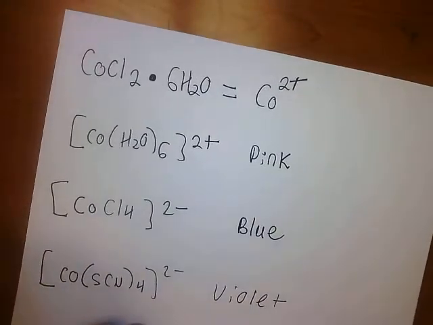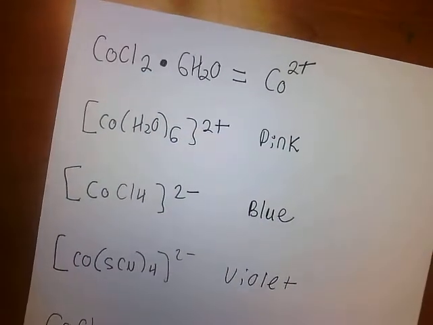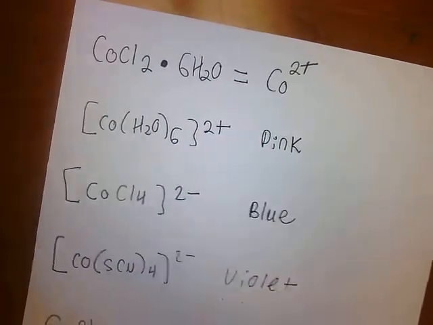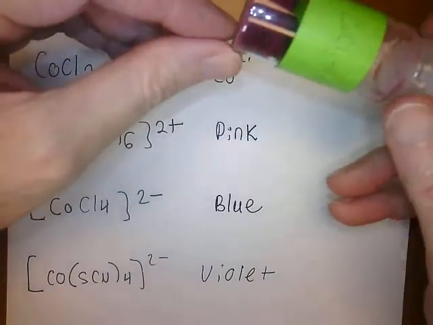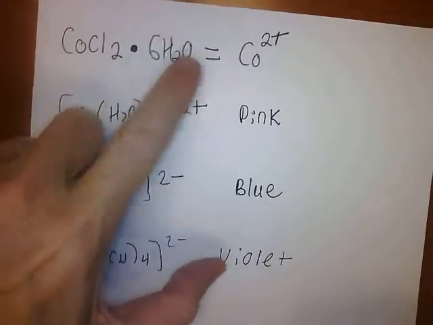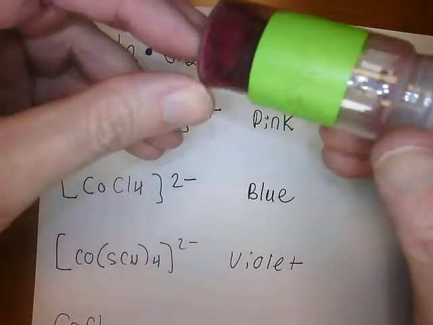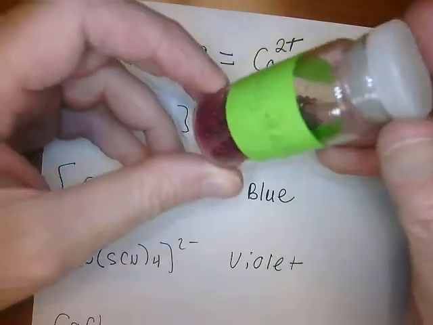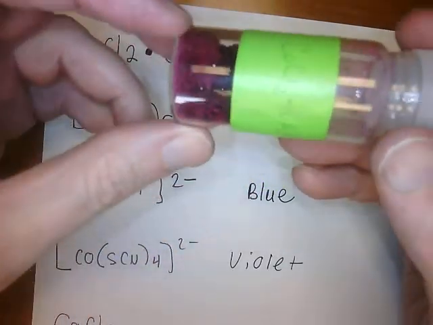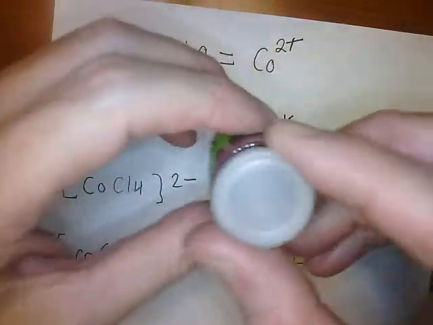There's really only one more left here, and that is the cobalt. Alright, so our source of cobalt is this cobalt chloride hexahydrate, which, if you look at the original bottle here, is kind of almost purplish in color.